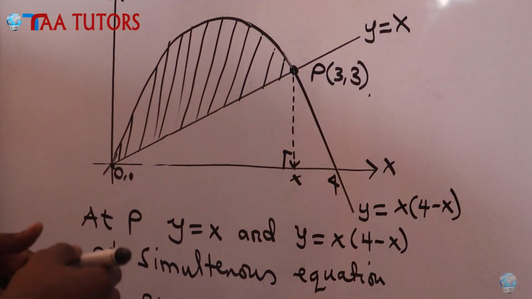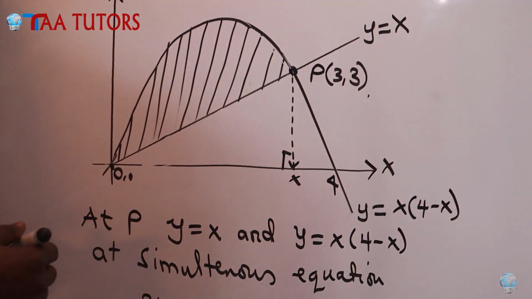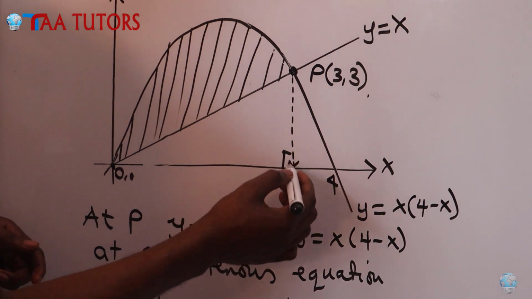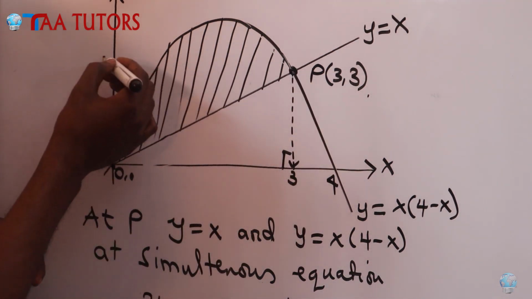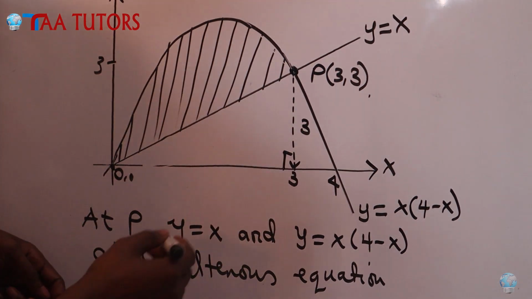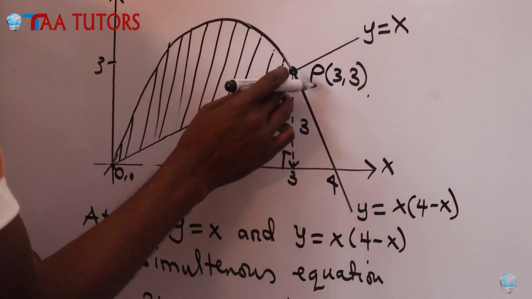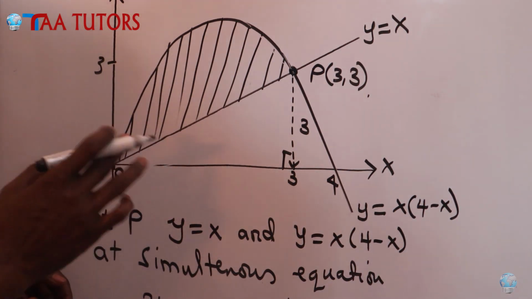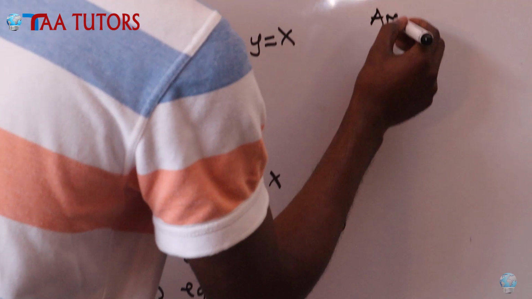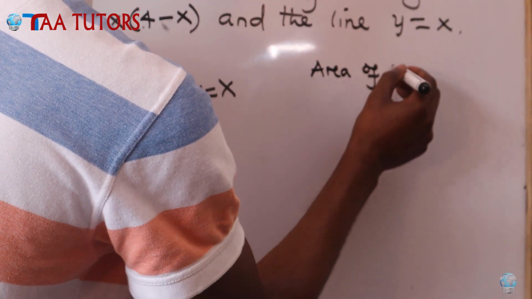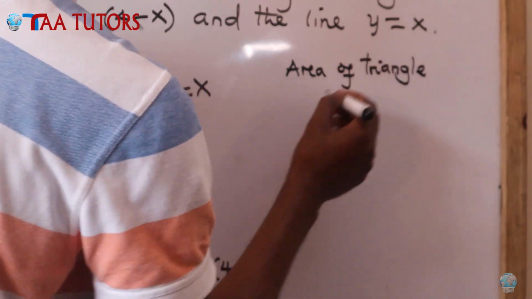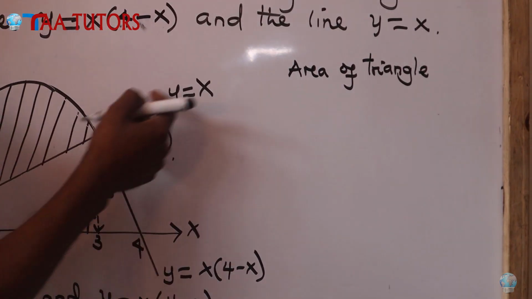So once we have that particular point, what I can say therefore is that this value here is 3, and our perpendicular height here is also 3. So I can get the area of this triangle here. The area of the triangle here is also the same as the area under the straight line.